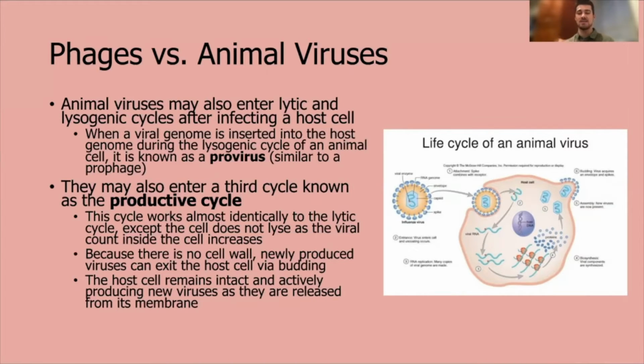They can actually exit the cell in the same way. So if they have that envelope, it's very easy for them. Even before they have the envelope, it's easy for them to bud out of the membrane. And when they bud out of the membrane, that's what actually forms their envelope. So if you look to the right over here, this describes everything.